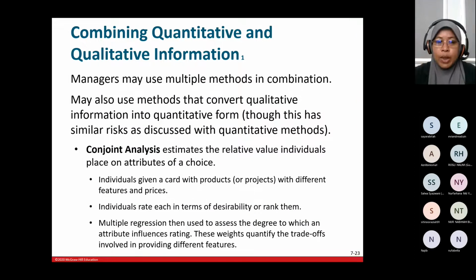Because when we are not able to make it quantitative, we are not able to find the relationship, or which one influences which, or how much it influences. Only with quantitative methods can we investigate and examine how it influences. That's why the qualitative information needs to be transformed quantitatively.